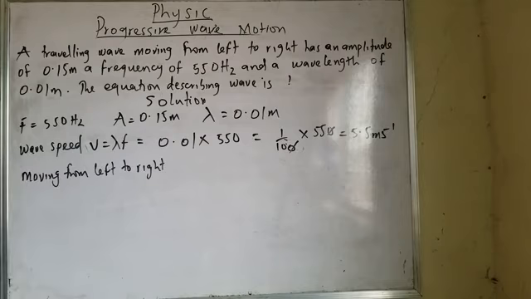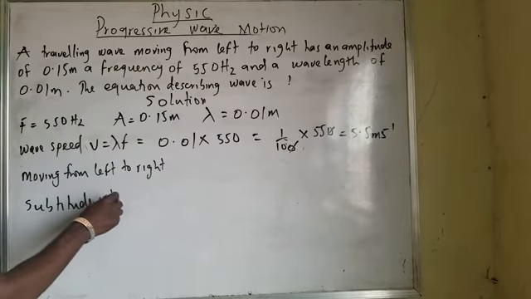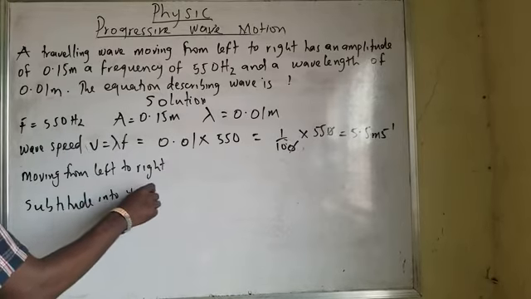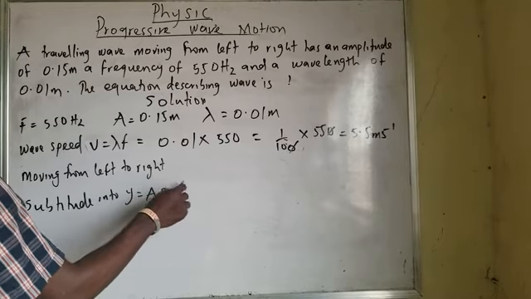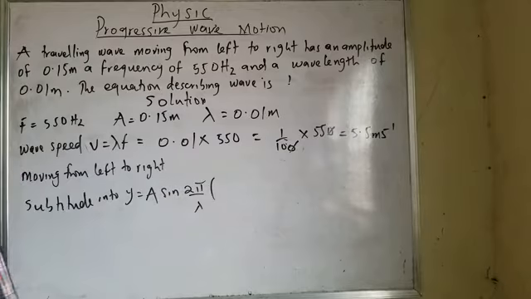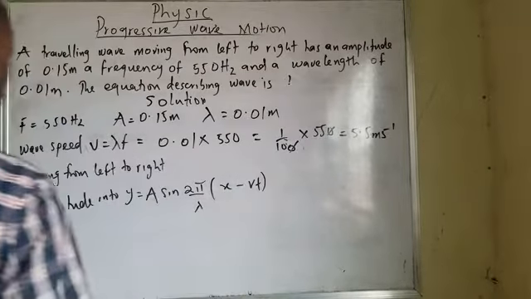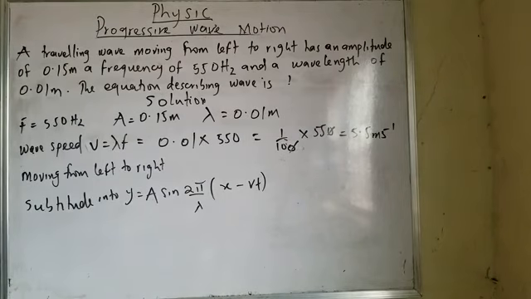Because it is a positive traveling wave, it means we substitute into y, which is y equals to a of sine 2 pi all over lambda bracket of x minus vt. Moving from left to right. Now, can you see how important the equations are?